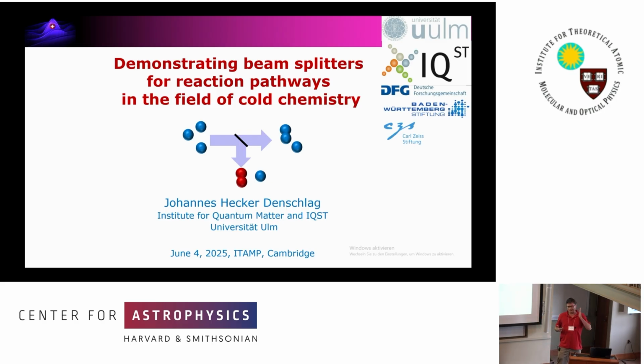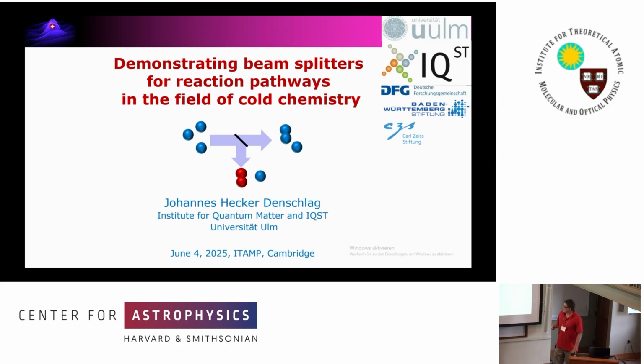You have a laser beam, and you send it onto a beam splitter, and it coherently gets split up into one path or the other path. Here we have a beam splitter where we can control how much power goes one direction or the other direction. So that's the idea.